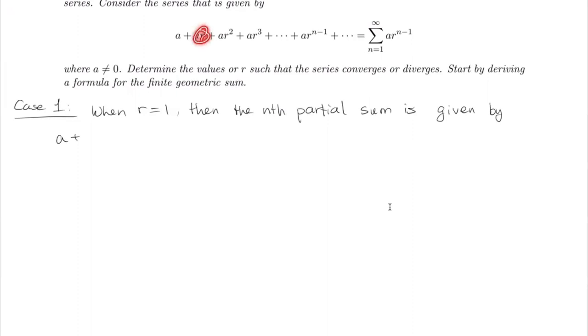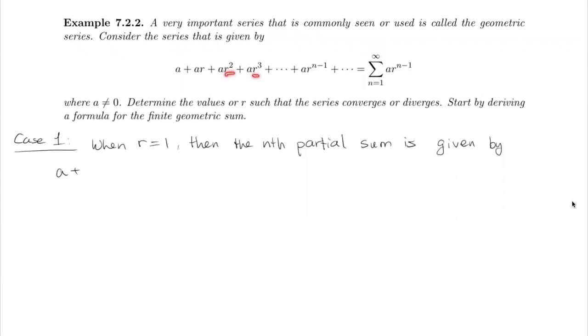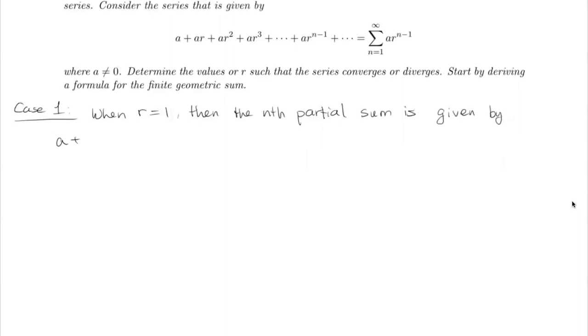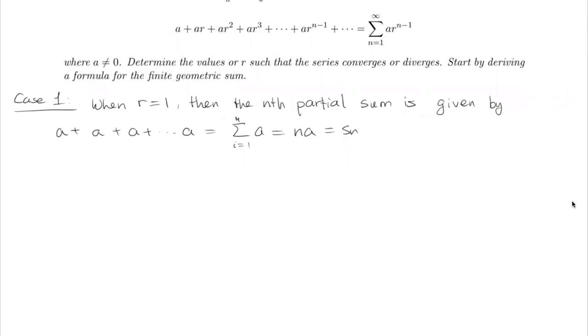Because r here is replaced with 1, and r squared is 1, r cubed is 1, and so on, they're all going to be 1. That means we're just left with a plus a plus a plus so on until we reach the nth term. So that is just the sum from i equals 1 to n of the value a. Now, because a is non-zero, this just equals na, which is the nth partial sum. So let us take the limit as n approaches infinity.